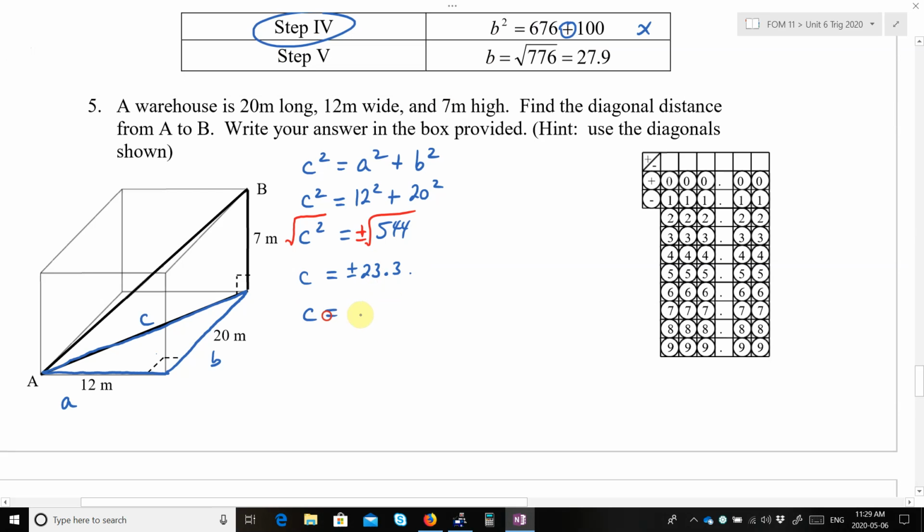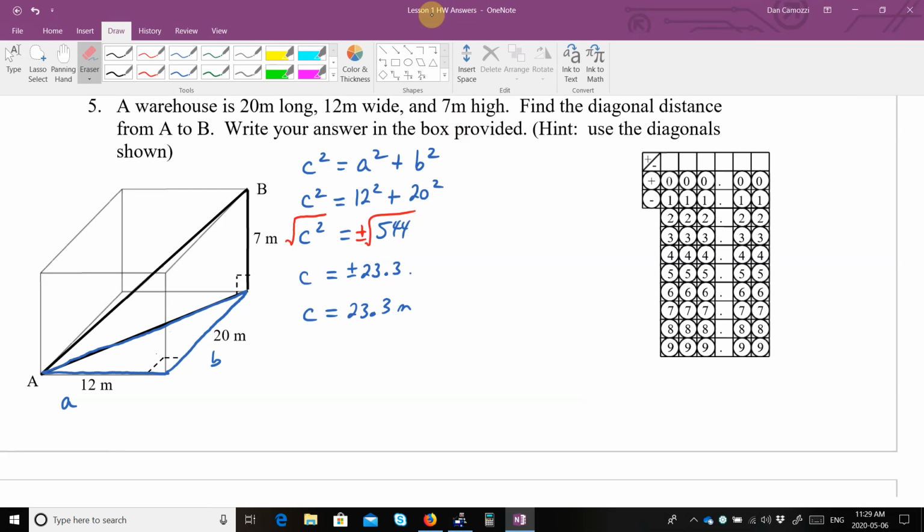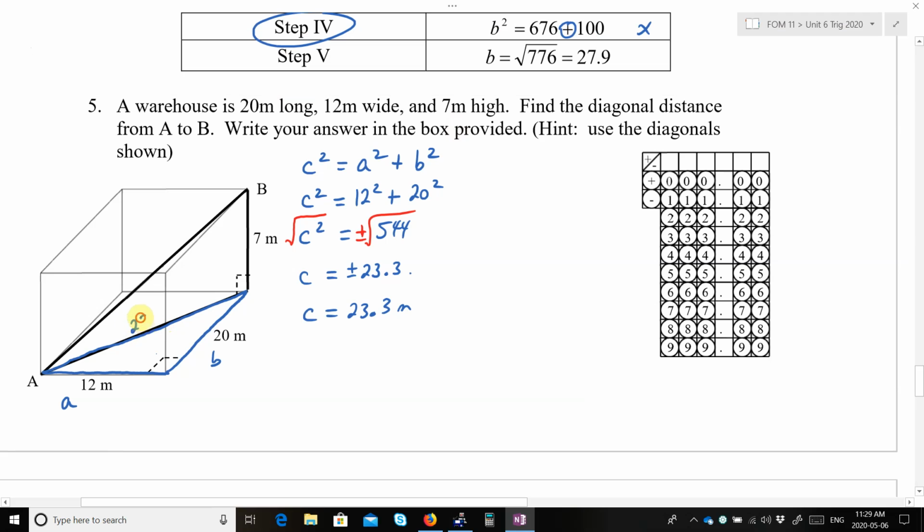Nope, I have to go C equals, we reject the negative, 23.3 meters. Okay, so now I'm going to take that C, I'm going to go put it here, 23.3 meters.